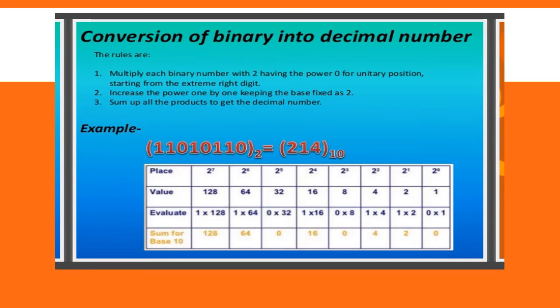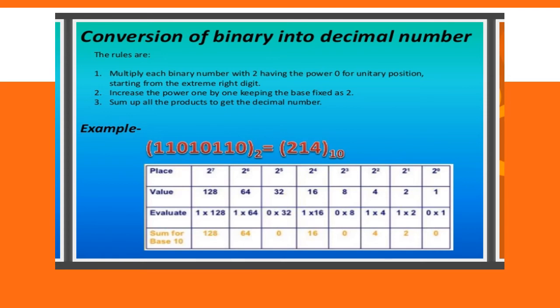Conversion of binary into decimal number. The rules are: multiply each binary digit by 2 having the power of 0 for the unitary position, starting from the extreme right digit. Increase the power by 1 each time, keeping the base fixed as 2.